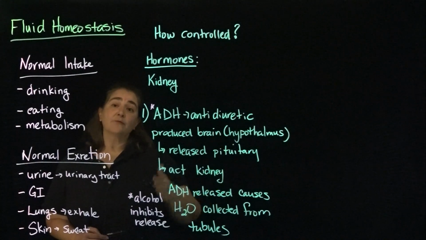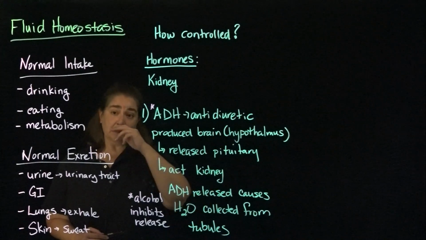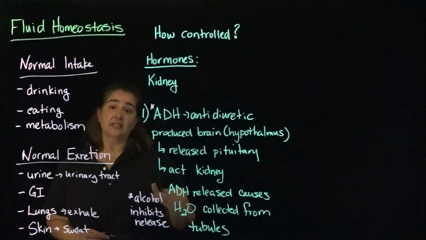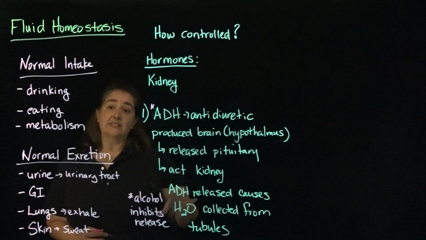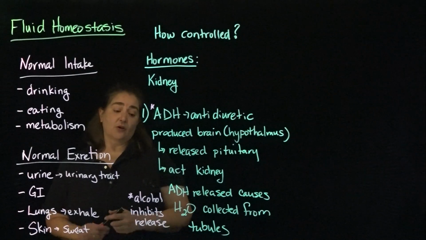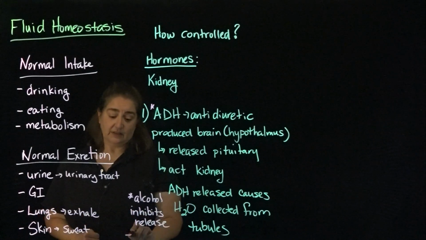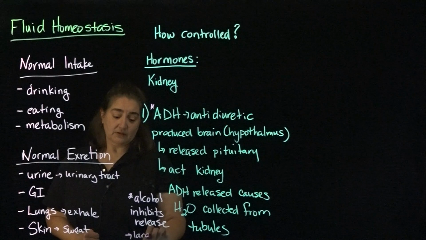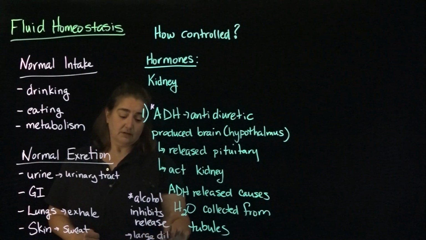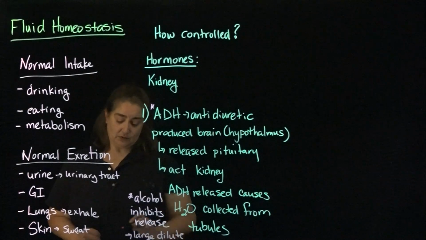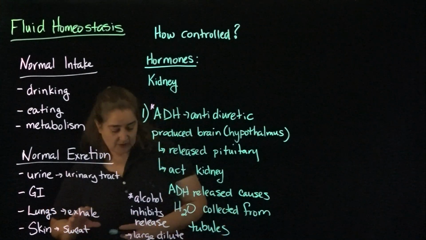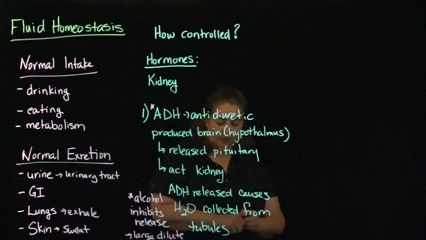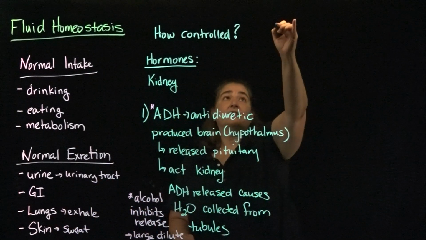So you've got more fluid remaining in the nephrons in the kidney that will ultimately be released to the bladder, for very large amounts of dilute urine to be produced. So antidiuretic hormone is one of our hormones that I want to cover.